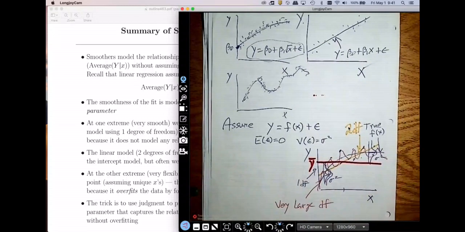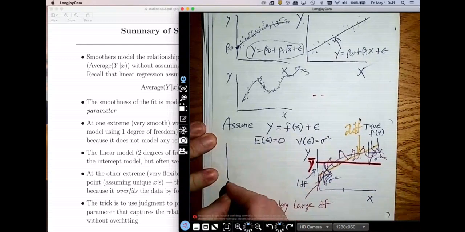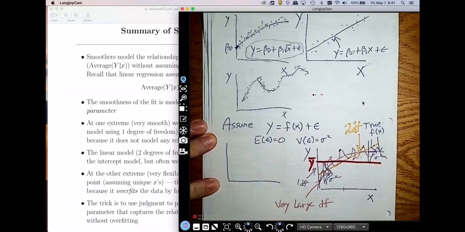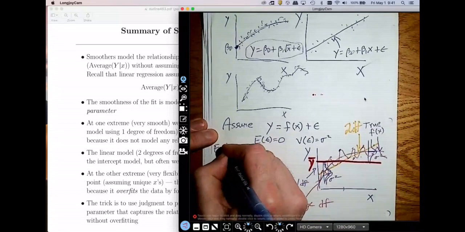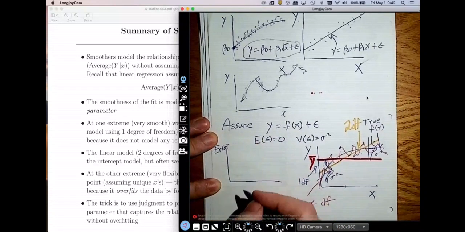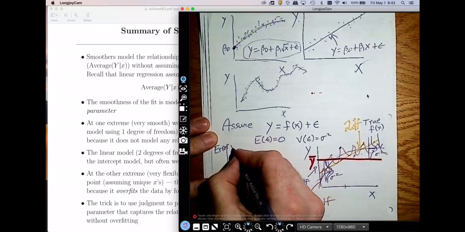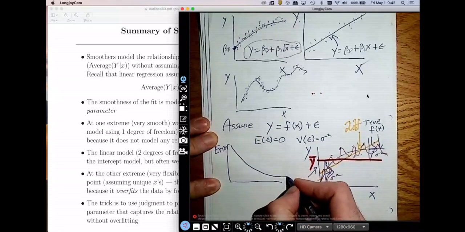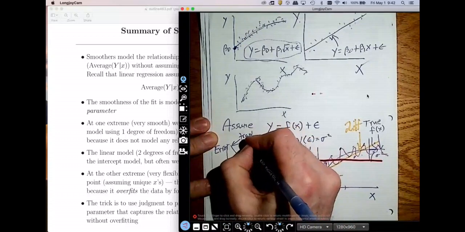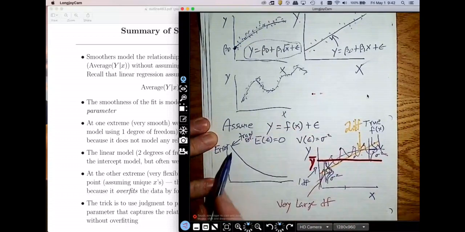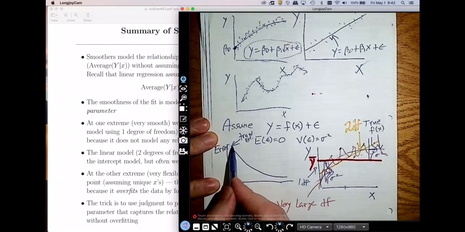And so what I'm really sketching out here, what I'm really thinking about, is the bias-variance trade-off. So let's say this is my error. And remember, we had this graph that looked something like this. This is my training error. If I start out with the red marker line, the training error is horrible.